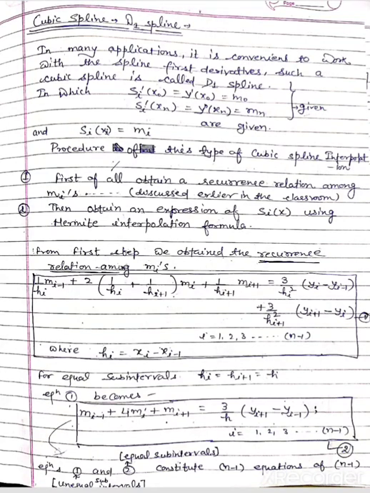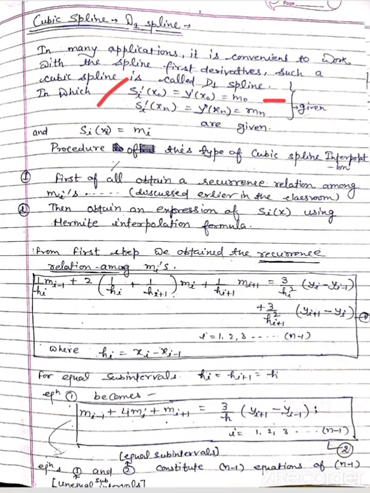In this method, at the endpoints, first derivative boundary conditions are given. Here we can see Si dash x0 equals to y dash x0 equals to m0.